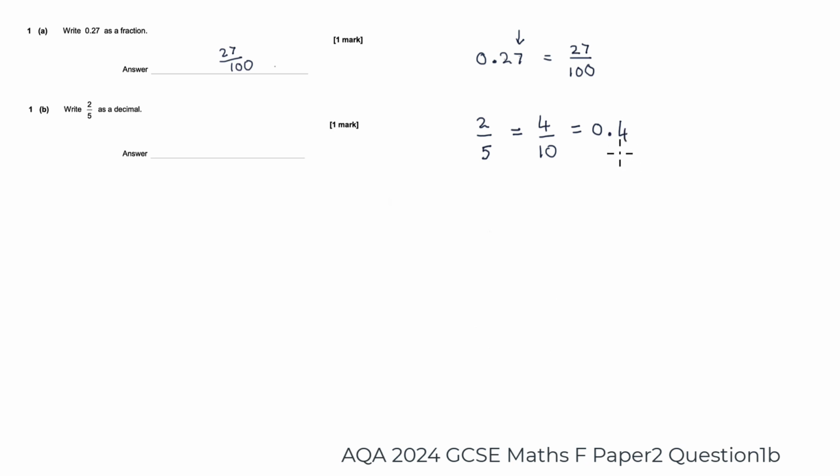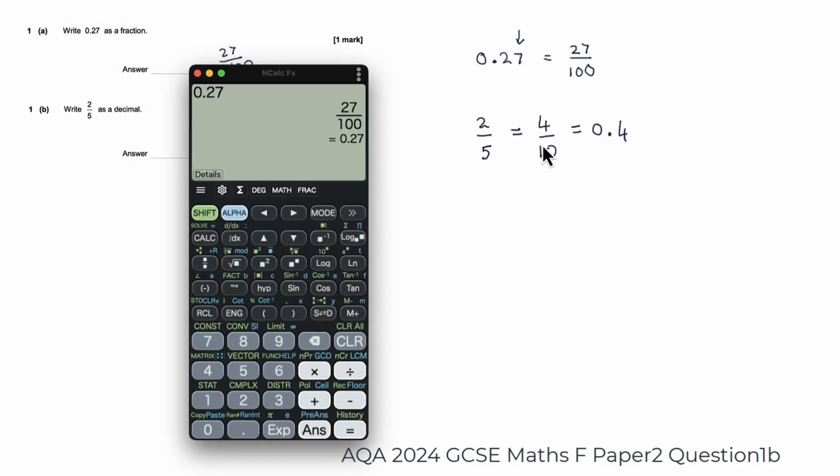There's the tenths column, 4/10. So as I said, it's that way, or we can just enter 2 divided by 5. Now, I'm in fraction mode, I'd better put that back to decimal mode. So 2 divided by 5, and that equals 0.4, as we stated.